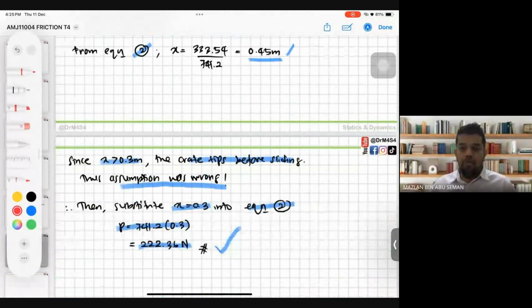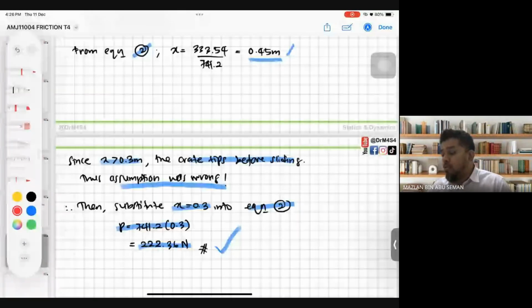I think it went very fast. Later on, I'm going to share this slide with you because I cannot go around and see your handwriting. But please make sure for next Monday, please write in A4 line paper, okay?